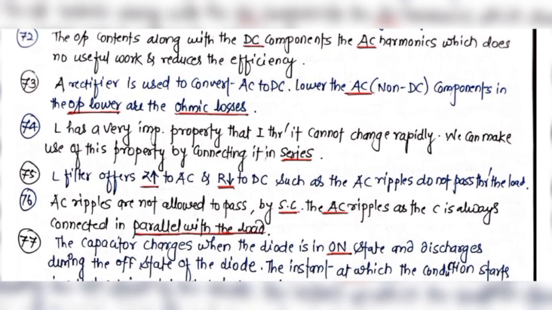The output contains, along with the DC component, the AC harmonics which do no useful work and reduce the efficiency. A rectifier is used to convert AC to DC; the lower the AC, that is non-DC component in the output, the lower are the ohmic losses.